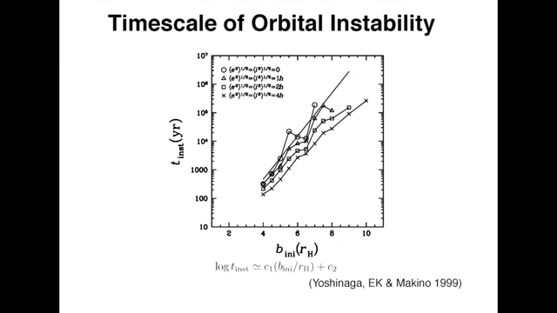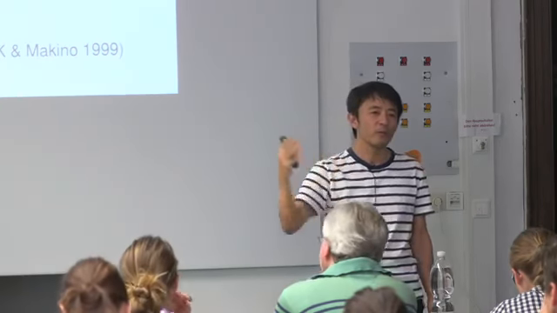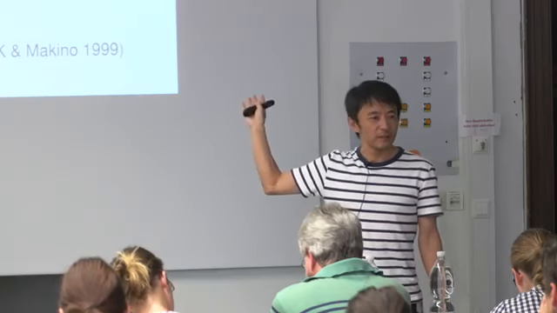Just one increase in Hill radius leads to one order of magnitude longer time scale for instability. So this is the semi-log dependence. Many people have been working to understand physically why we have this dependence, but no one has succeeded.